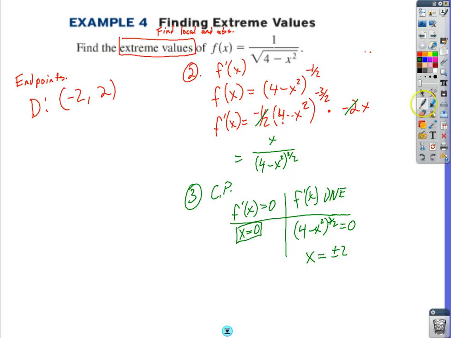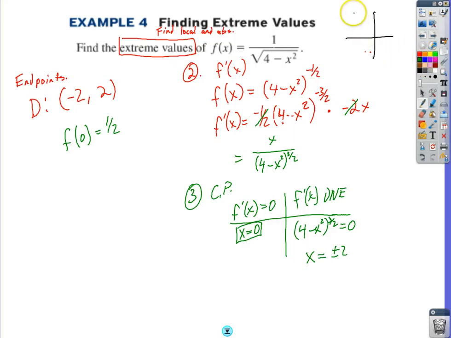So the only thing I'm going to do is take my one critical point and plug that in. f of 0 is equal to 1/2. Okay. And now I need to figure out, is that a local min, a local max, an absolute min, an absolute max? What is it? Without having some other tools, we have to graph it. So over here, I'm going to make a little sketch of the graph.